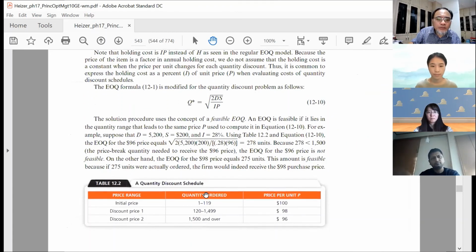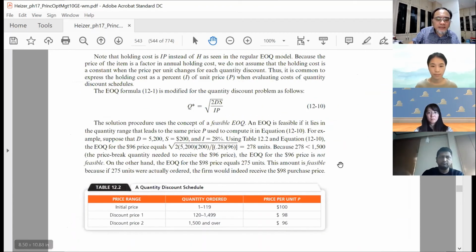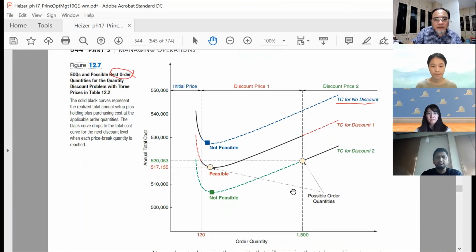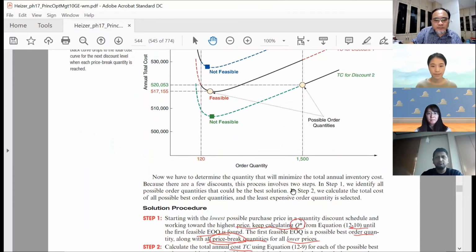Okay, that means we are using this schedule. So 1 to 119 is 100, 120 to 1,500 is 98, and 1,500 and above is 96. So we have this quantity discount schedule.